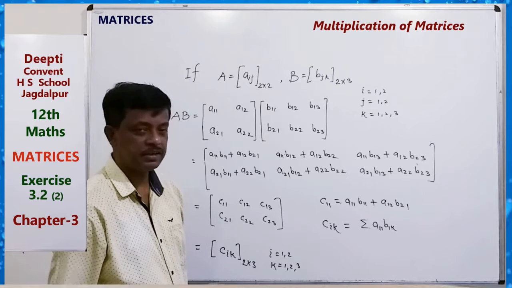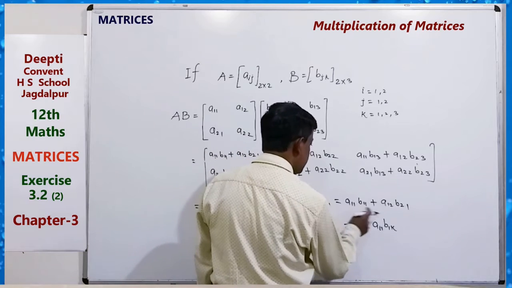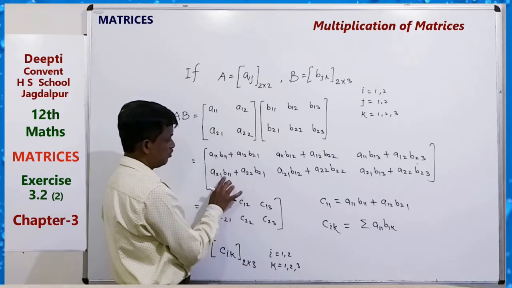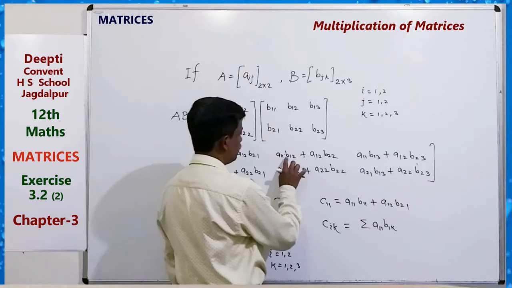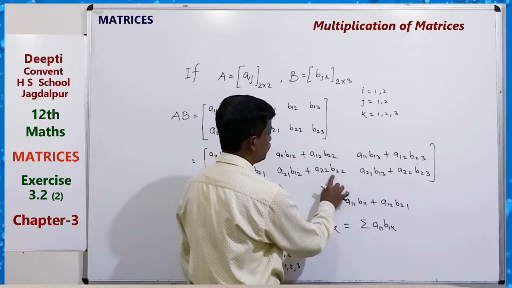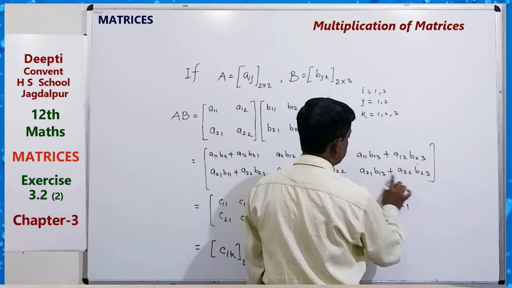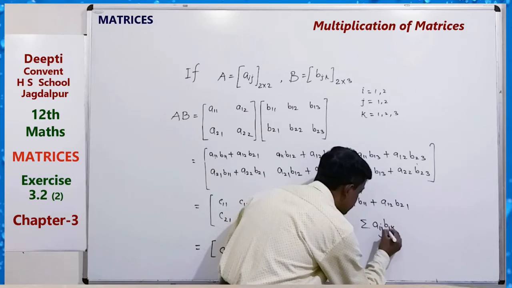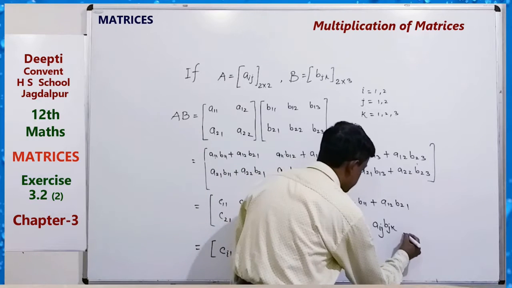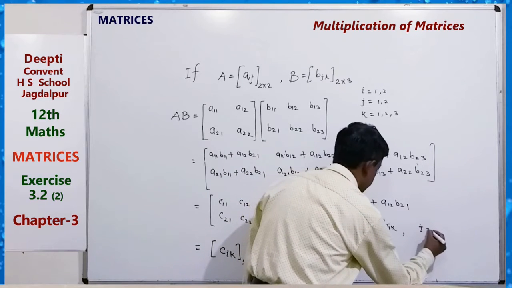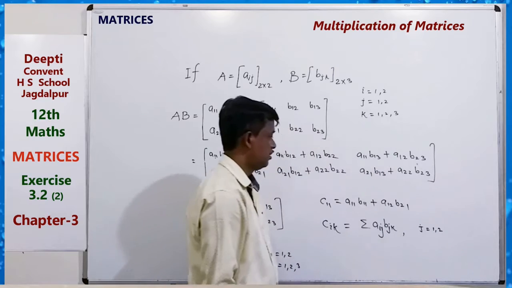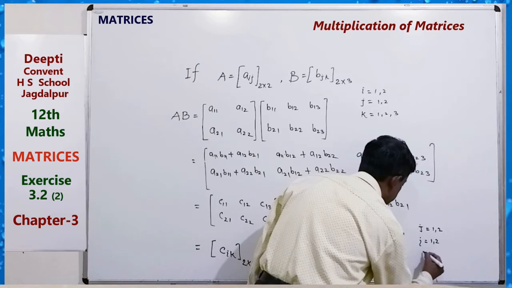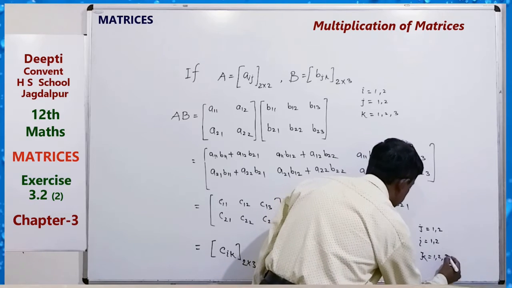So in between what? j. Because in A, in between, and for B, it is j. So this is j. Here j equals what? 1 2, and i equals 1 2, k equals 1 2 3.